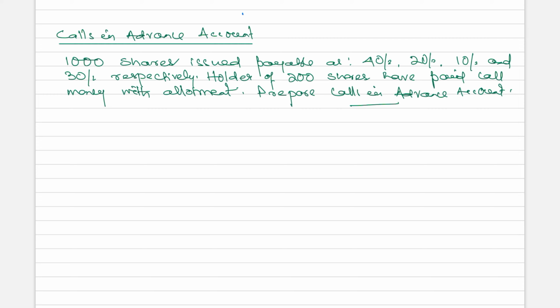Application entry, normal entry. At the time of allotment, due entry will be share allotment account debited to share capital 1000 into 20.